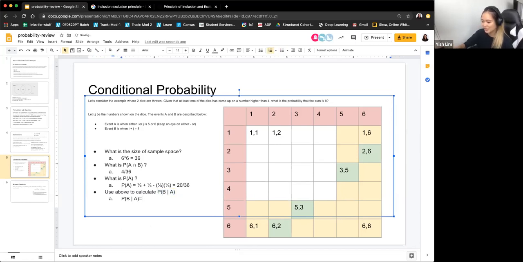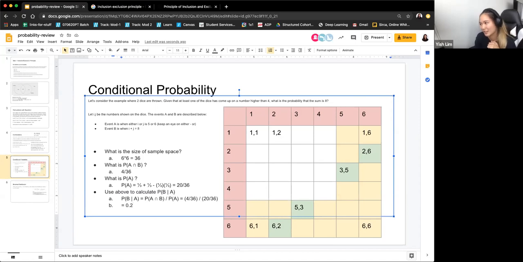The probability of B given A is equal to the probability of A intersect B divided by the probability of A. So that is 4 out of 36 divided by 20 out of 36, which is, I believe, 0.2. Yeah, there we go. Questions about this part?